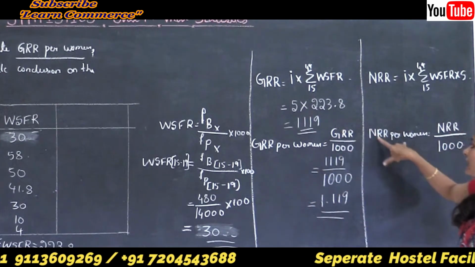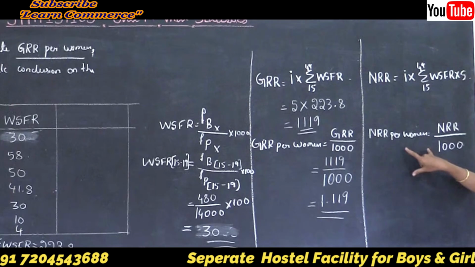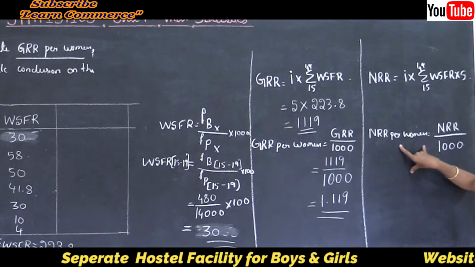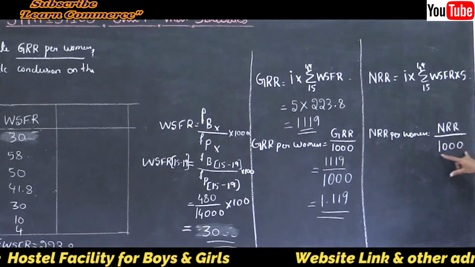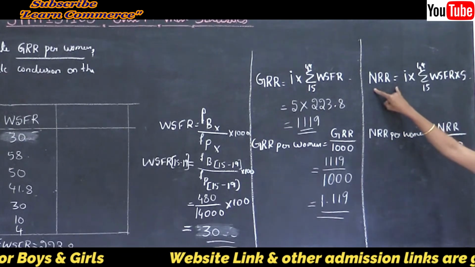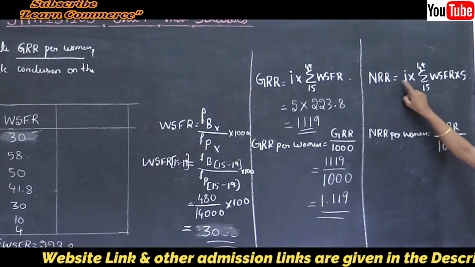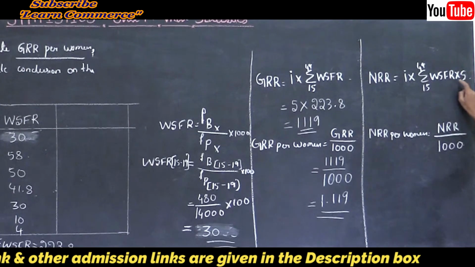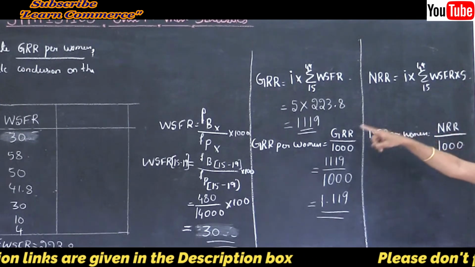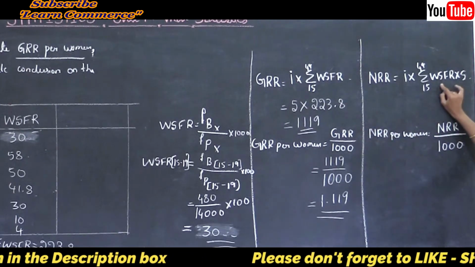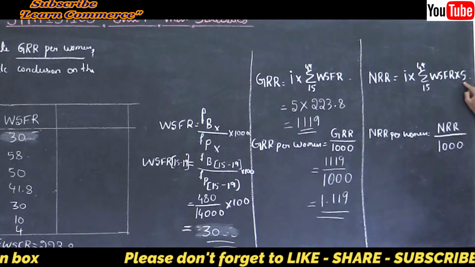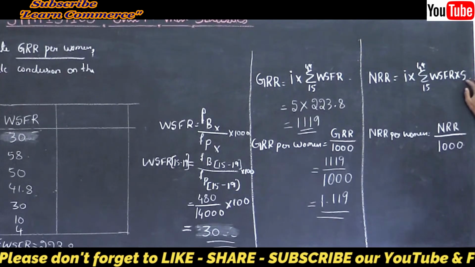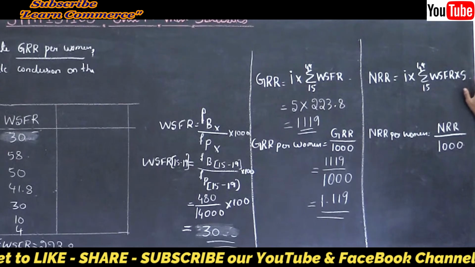Next we need to calculate NRR per women. To calculate NRR per women we need the formula NRR divided by 1000. Here the NRR formula: NRR is equal to I into summation of WSFR into S. We have the value of WSFR, but we need to multiply one more column, that is S. S is nothing but survival ratio or survival rate.